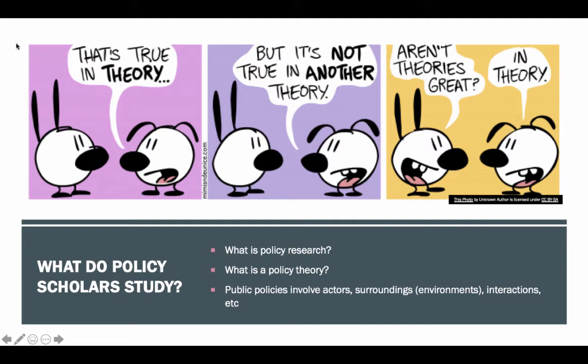And really, what we're looking at these theories to do is to narrow the scope of inquiry. What is it exactly that we're looking at? What part of the process are we looking at? Maybe we're looking at a set of shared assumptions or a set of shared concepts or principles that are at stake. And these theories help to narrow down what we're looking at in terms of the policy process itself and the larger scheme of public policy.